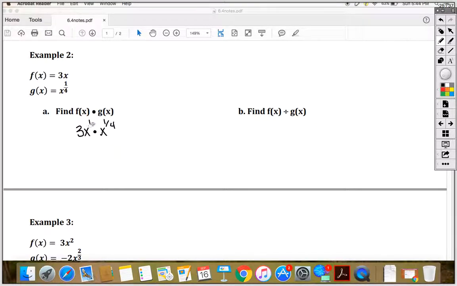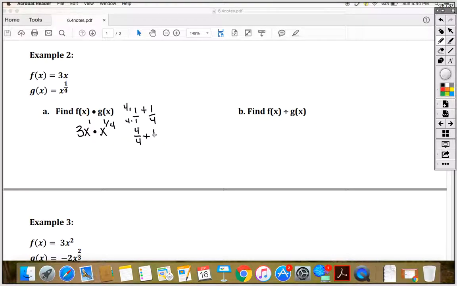So this x has a power of 1, so I need to add 1 plus my exponent of 1/4. So I'm going to change my power of 1 to a fraction, so 1 over 1. In order to add these, I have to have a common denominator. So I'm going to multiply this by 4, so I can add these together.